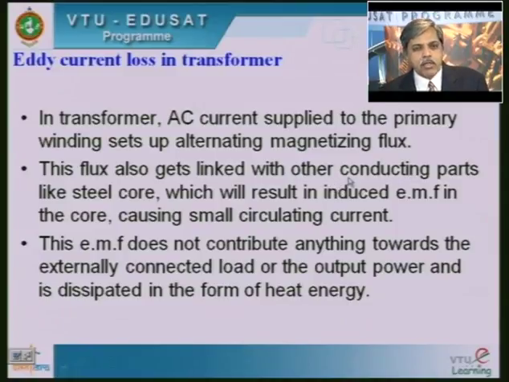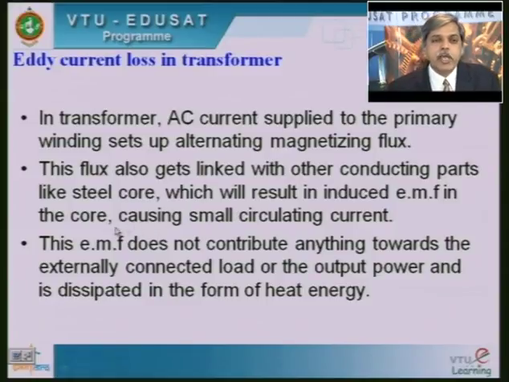The copper windings, which I called the primary winding, are a conducting part, and the steel core we are using is also conducting, but I am not directly giving any current to the core. The core will carry only the magnetic flux, which is sinusoidally alternating. This flux moving through the steel core and reversing in direction at a frequency of f is responsible for the induced EMF in the core.